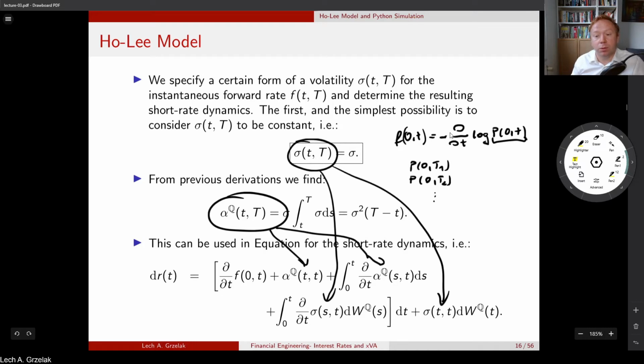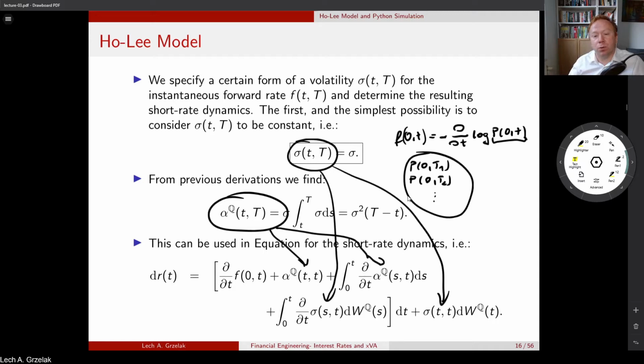If you would like to calculate the derivative, you have to impose some kind of structure here. Later in this course, when we talk about the construction of the yield curve, we will be building a curve with some interpolation in between, based on market instruments.